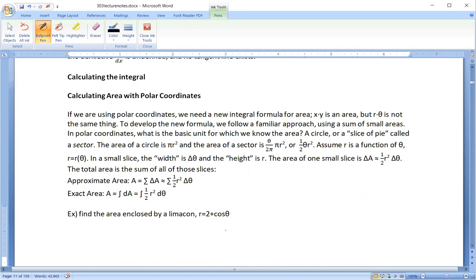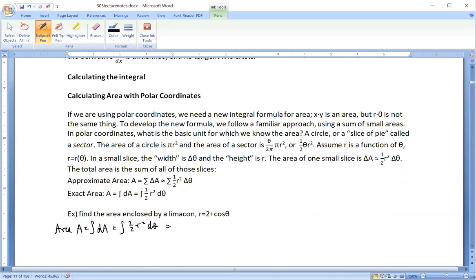Okay, so we know that the area A is just going to be the integral of dA, which is the integral of 1/2 r squared d theta in general.